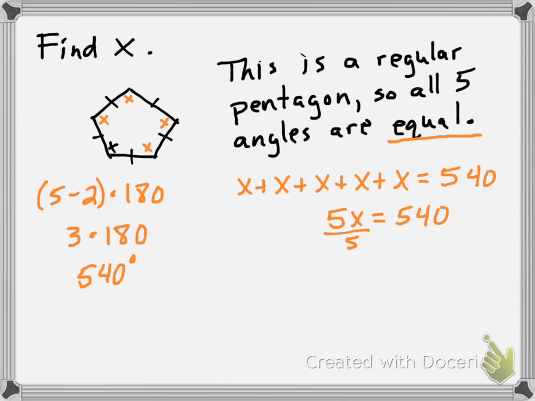So I can divide by 5, and I get that x equals 108 degrees. So each angle in this regular pentagon is 108 degrees. So you should be able to find sums of angles of any kind of polygon, and you should be able to find specific angles, like these, of all regular polygons.